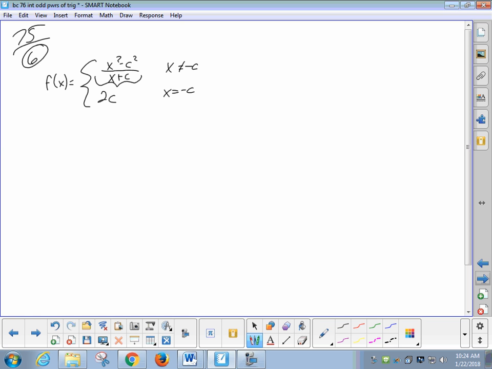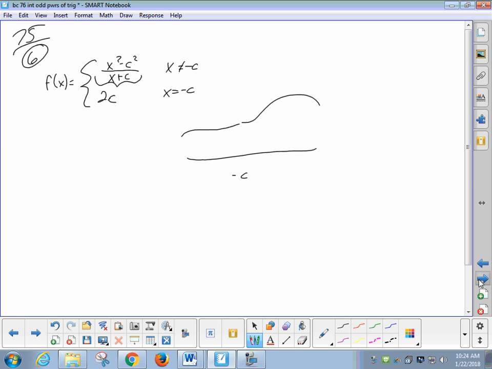What's happening at negative c graphically? There's a hole. So really, in essence, the question is, did they fill the hole? There's a hole at negative c. Did they fill the hole properly? That's what the question amounts to.